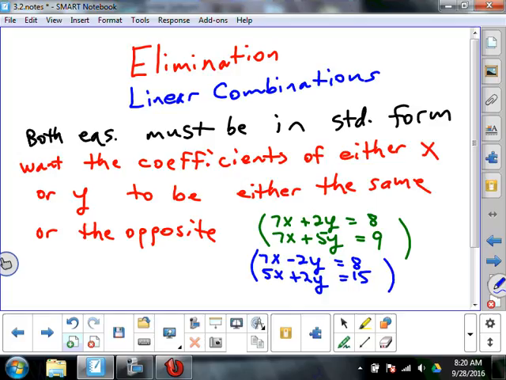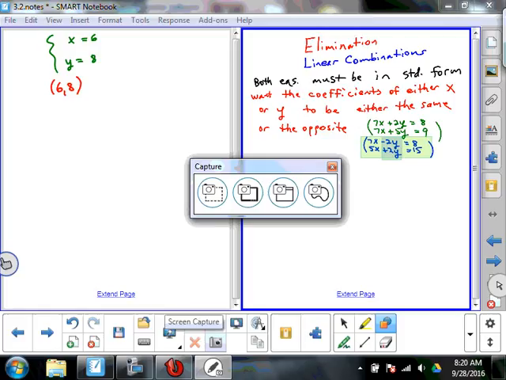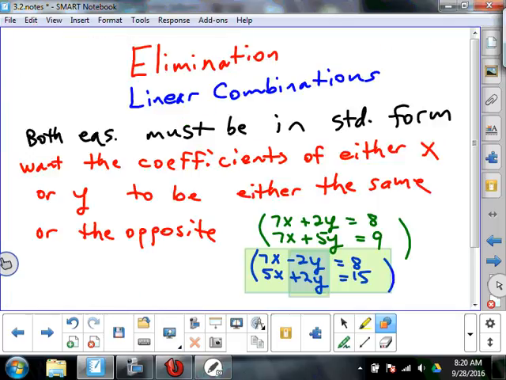Can anybody see why we would want to have most desirably the coefficients of our y's to be opposites like that? Remember, this is called linear combinations. This is called the elimination technique. Why would we want to have the coefficients of the y terms to be opposites like that?